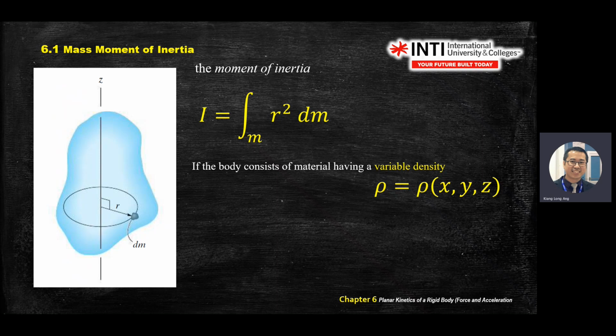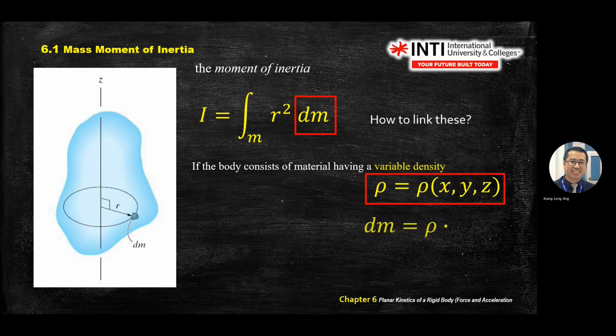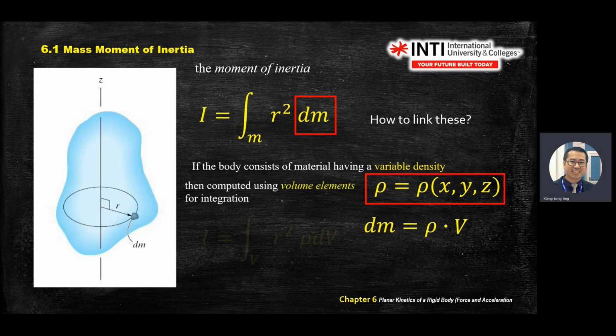So the dm here we can change in terms of rho and V: dm equals rho dV. So you change your integration equation, dm equals rho dV. Makes sense?